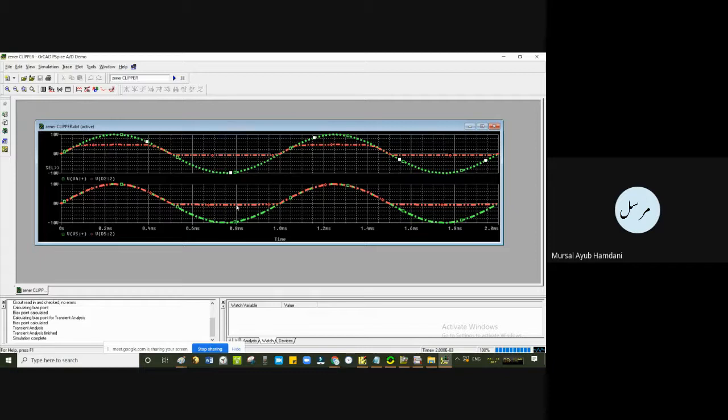In the exams, or in the lab exams particularly, there are two ways in which a clipper, clamper, or these rectifier circuits may be asked. You may be given the waveform and asked to draw the circuit which will bring about these waveforms.